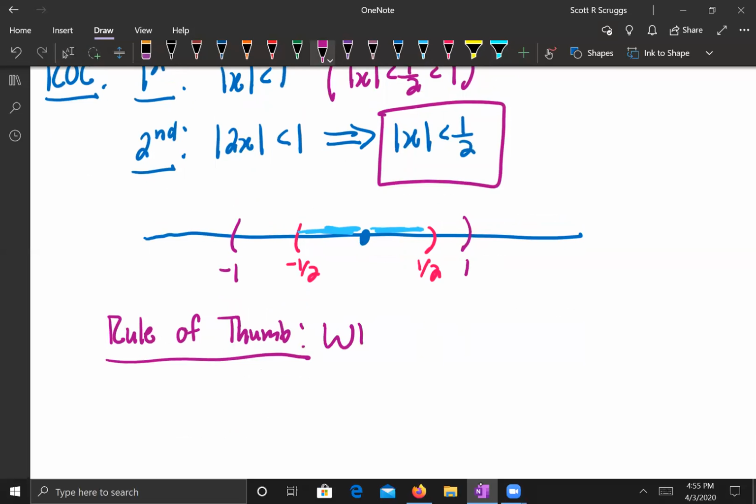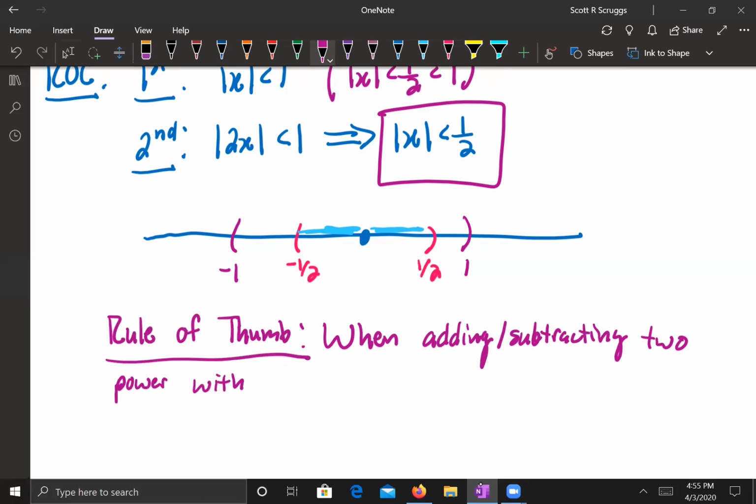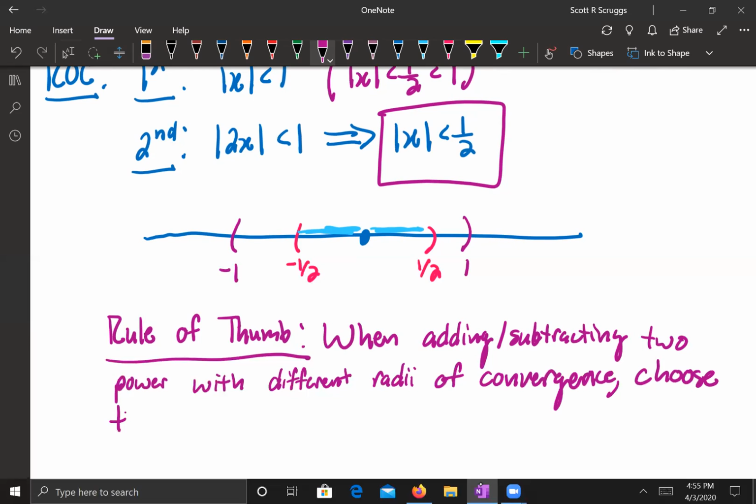So when adding or subtracting two power series with different radii of convergence, choose the smaller one.